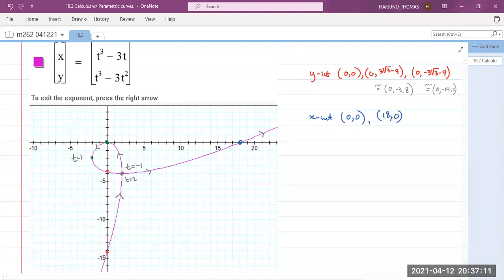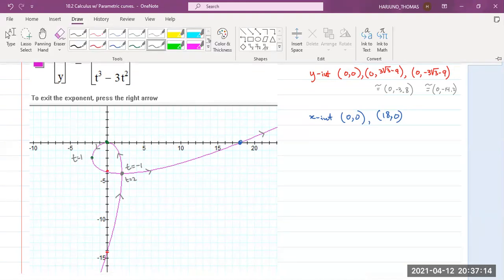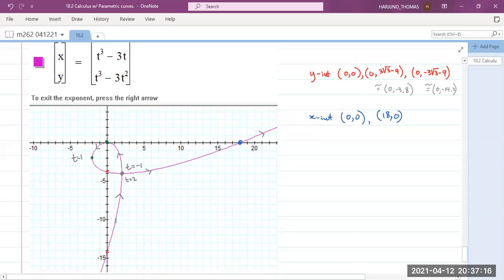It means that when t equals -1, it hits this point, and then when it goes around, when t equals 2, it hits the same point again, but from a different direction. Oh, right. That makes sense. So what we thought was impossible before, now you see it's actually possible.